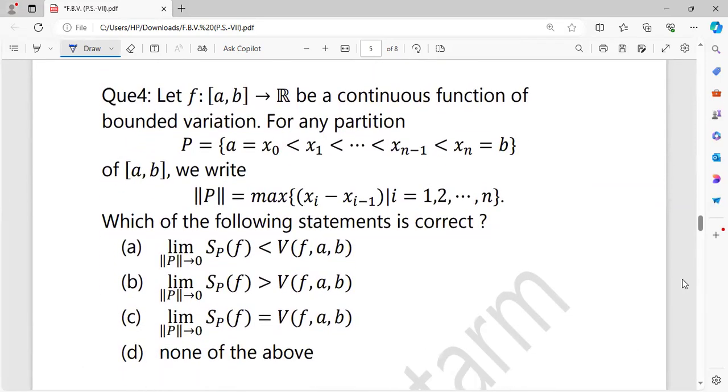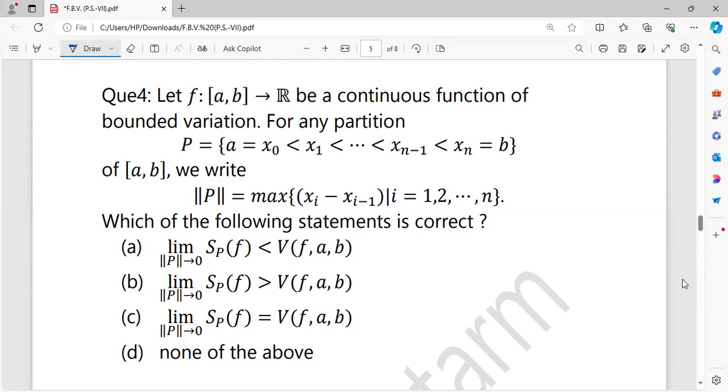Now, let f be a continuous function of bounded variation. For any partition P of [a, b], we write norm of P. It is called norm of P. Okay. Maximum length of subintervals. Which of the following statements is correct?